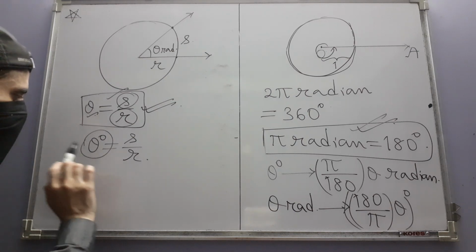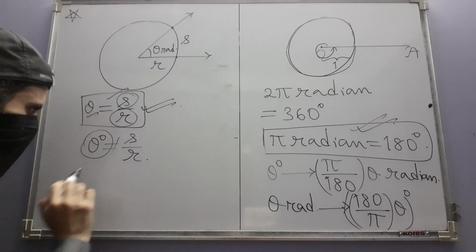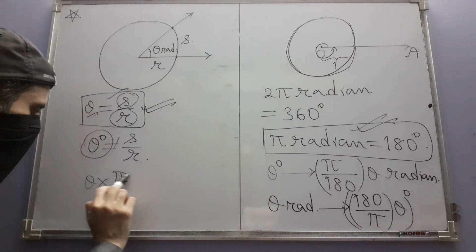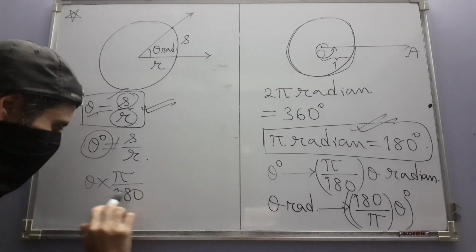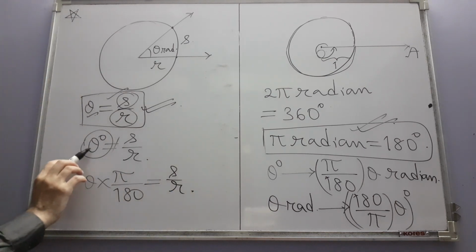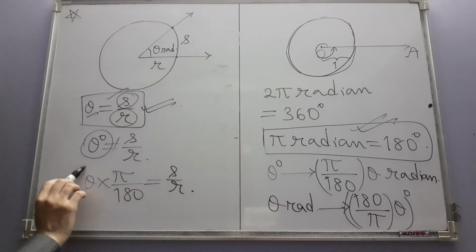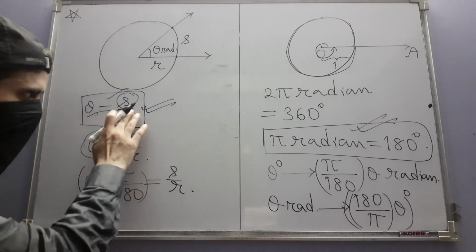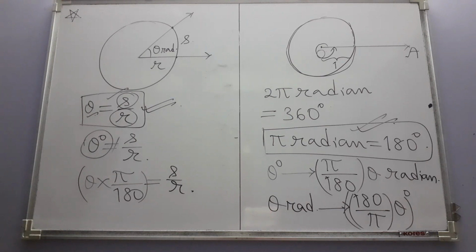So if you have theta degree angle, this is not equal to s over r, but theta times pi over 180 is equal to s over r, because first you turn theta into radian, you multiply by pi over 180. Once it gets turned into radian, then this relation continues to be true.